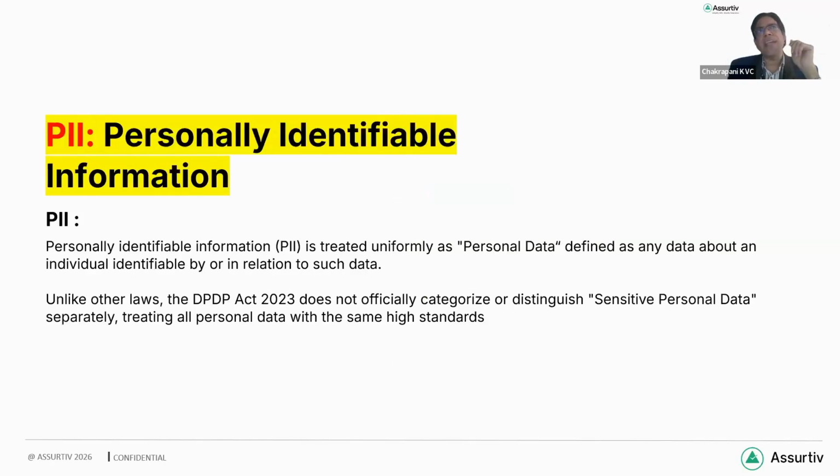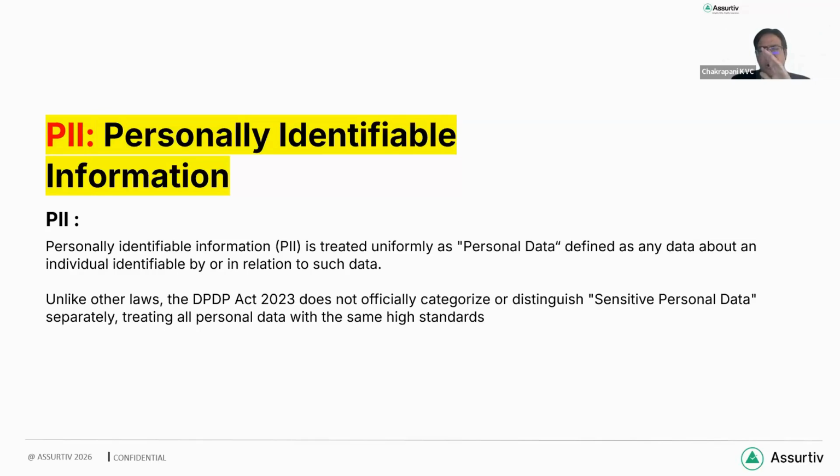So when we say PII, Personally Identifiable Information, as per the DPDP Act, what exactly does that mean? Personally identifiable information is treated uniformly as personal data, which is defined as any data of an individual which is in identifiable format, or any data which is related to that.